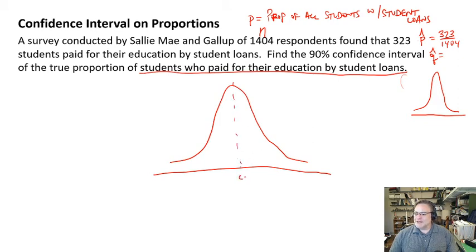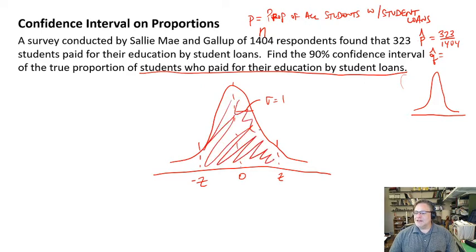All right, so this is 0. This is the standard normal here, which has a standard deviation of 1. We're wanting to know what the z value is, z and negative z, in which 90% of the data is in between these two z values here. So this is 90% of the data, which means that the remaining portion of the data has to be spread evenly between these two tails here. So we have the remaining 10% spread between here and here.